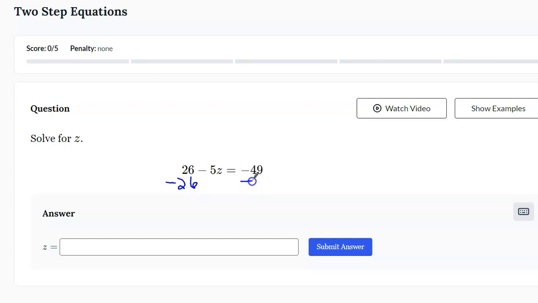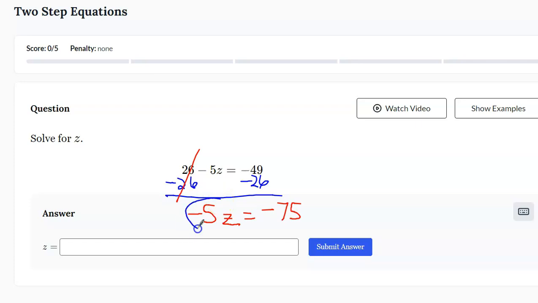So we're going to subtract 26 from both sides, picking up our calculator to help us compute, and then rewriting everything that's left. So negative 5z is still there, but negative 49 and negative 26 are going to be replaced with their new value, which is negative 75.